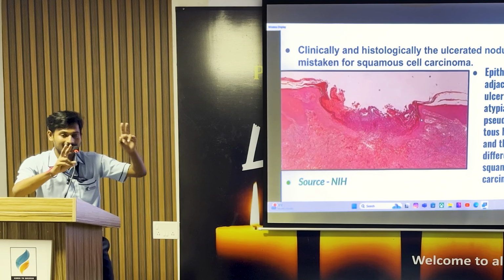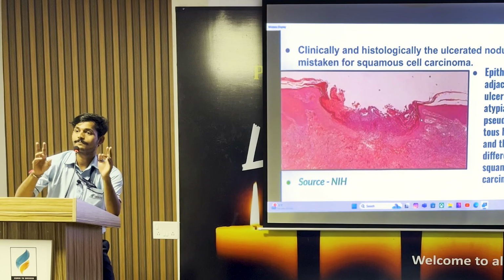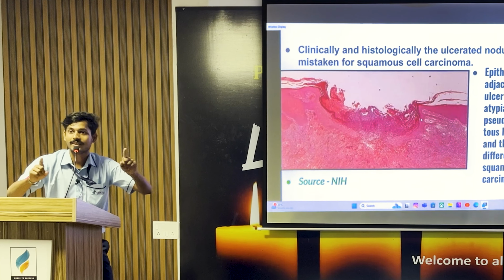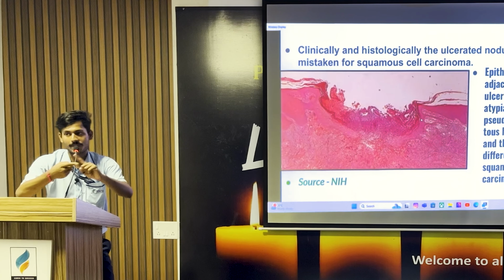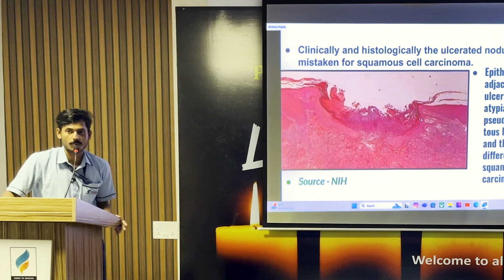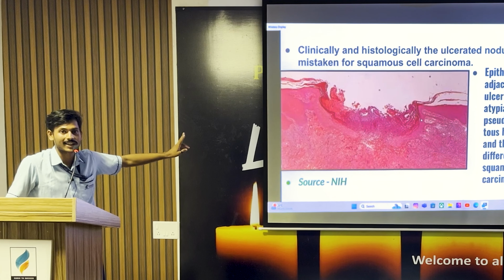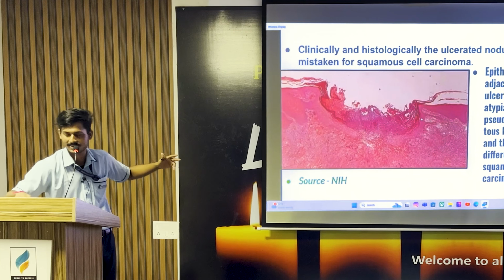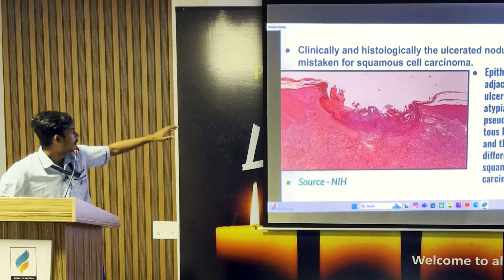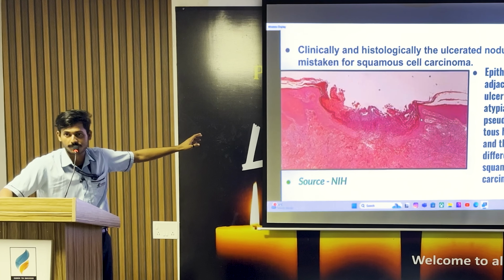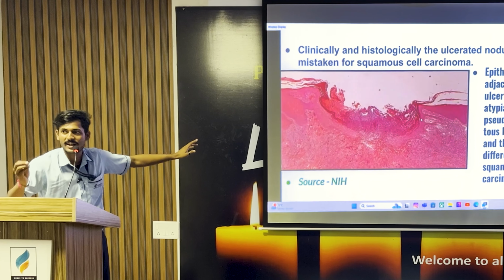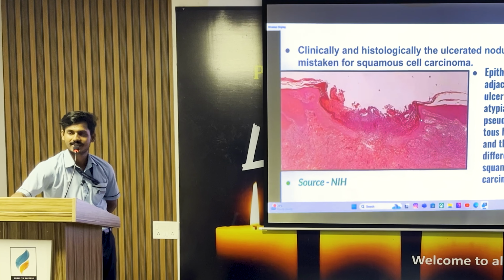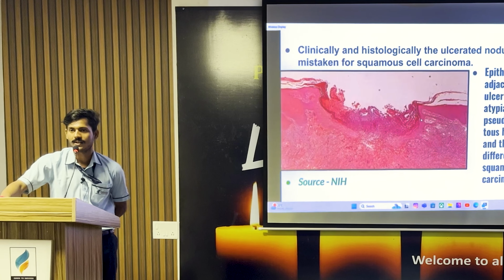So basically, between squamous cell carcinoma and Winkler's disease, there is one commonality, and that commonality is that both cancers are sometimes confused. It is hard to make the difference that this is this type and this is that type, just because both cancers appear in the external ear, and there is a very minimal clue to understand that this is a squamous cell carcinoma and this is a Winkler's tumor.